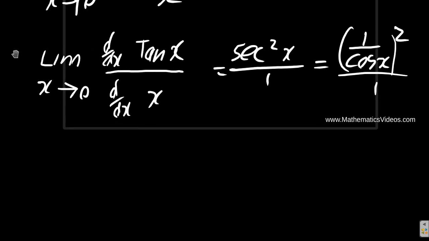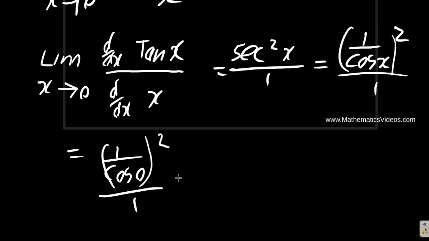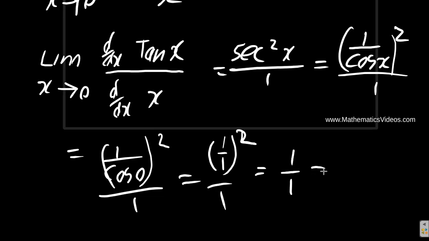So therefore, this limit, when we substitute 0 into it, is 1 divided by cos 0, and all of that squared divided by 1, which is, cos of 0 is 1. 1 divided by 1 squared over 1. That's going to give you 1 squared, which is 1 divided by 1, which is equal to 1. Nice.